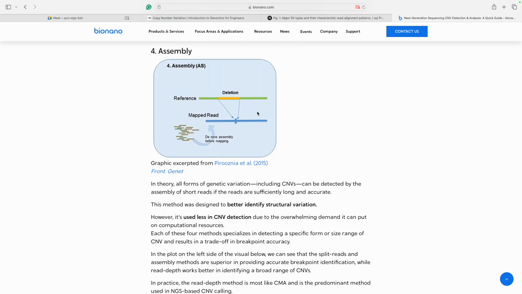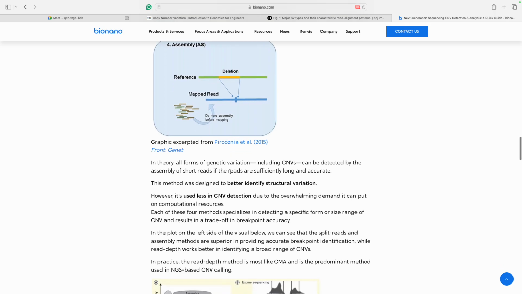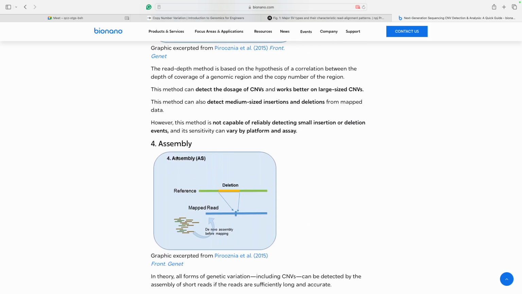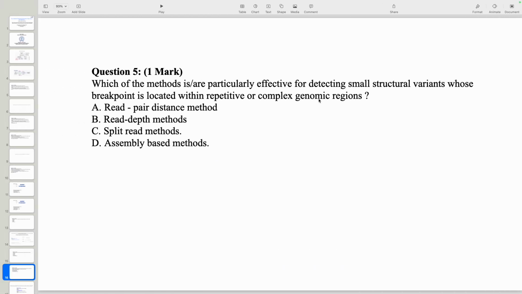While in case of assembly based method, here also the reads tend to split where a certain deletion has happened. So both split read and the assembly based method are effective for detecting small structural variants whose breakpoint is located within the repetitive or a complex genomic region.